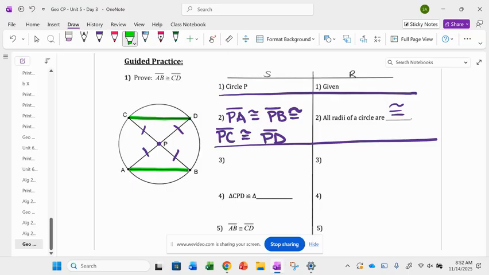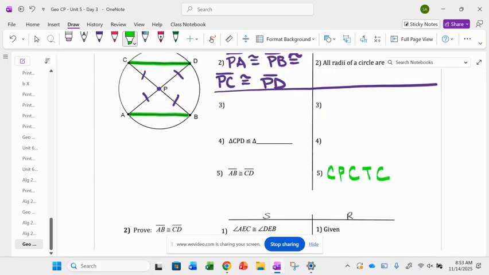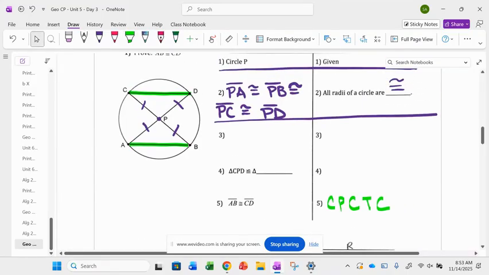When I can't prove what I want from just the given alone, I'm going to prove the triangles congruent and then use CPCTC to say that they're congruent. So I know my last step is going to be CPCTC. After we get the triangles congruent, then we can say parts of those triangles are congruent by CPCTC.